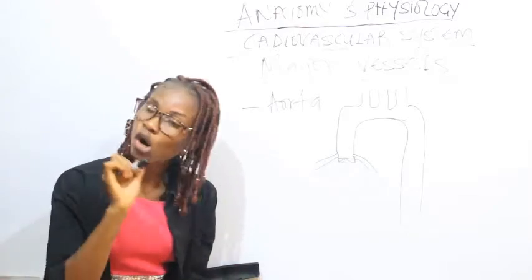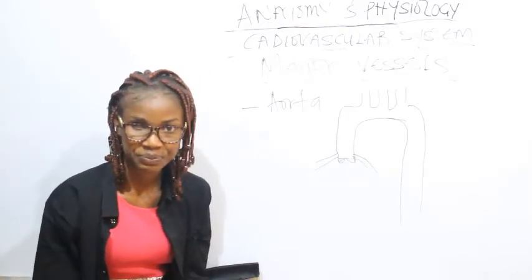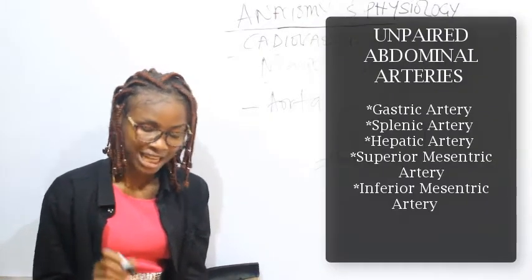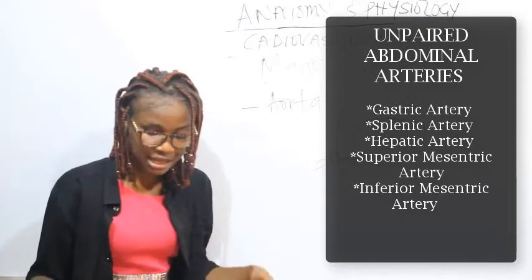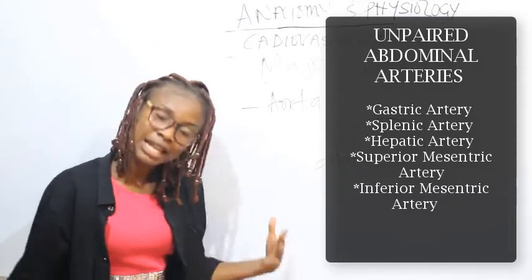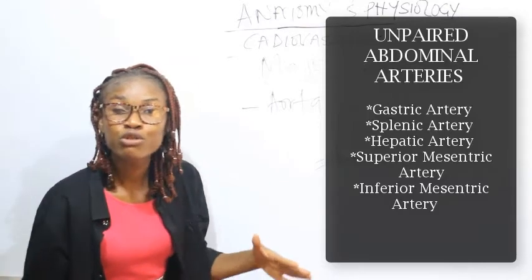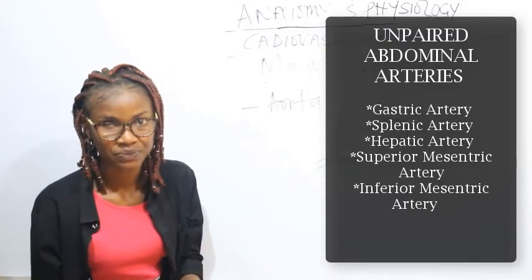Now, unpaired, that means just one of these arteries at the abdominal region. They include the gastric artery, the splenic artery, the hepatic artery, the superior mesenteric artery, and the inferior mesenteric artery.